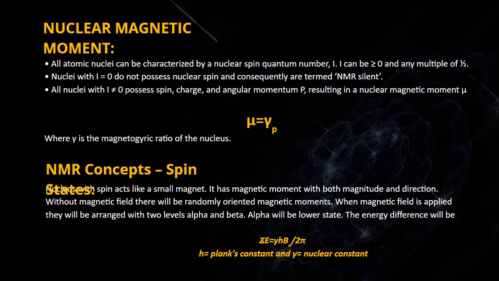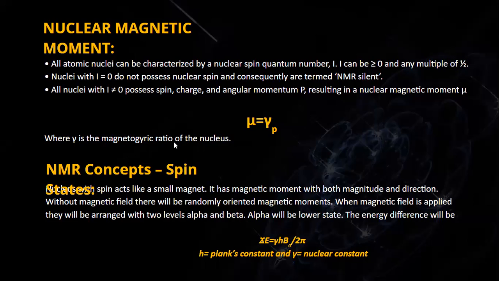Now, a nuclear magnetic moment, I have mentioned some conditions: when the nuclei have I equal to 0, that is, the nuclear spin quantum number, the NMR will be silent. And all the nuclei having no spin angular momentum have no nuclear magnetic moment.